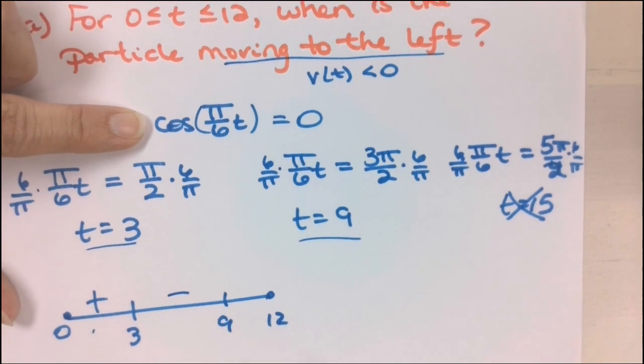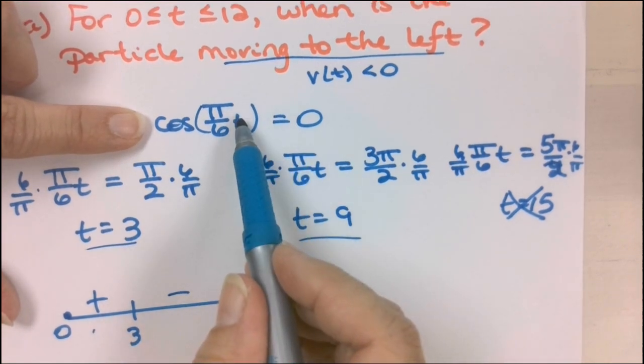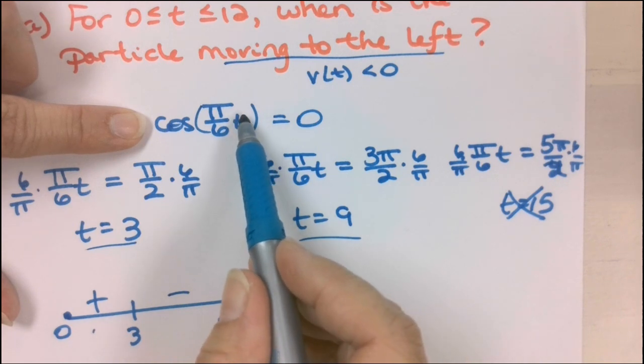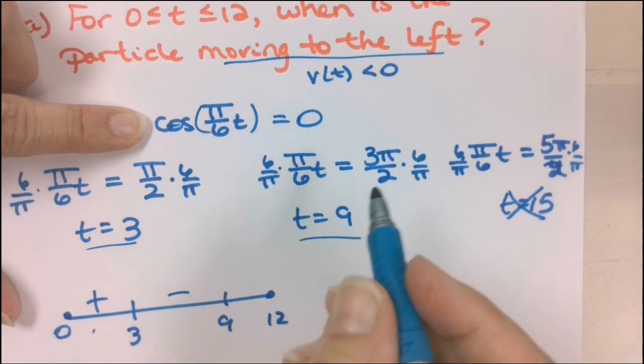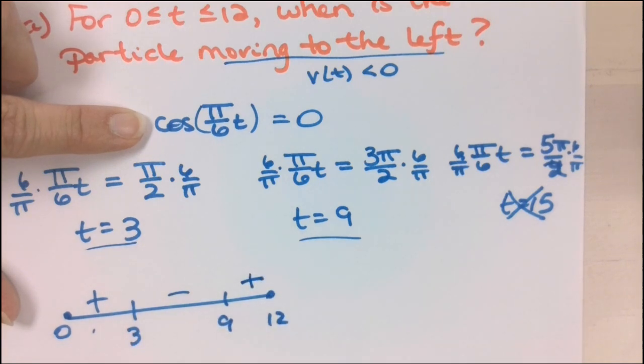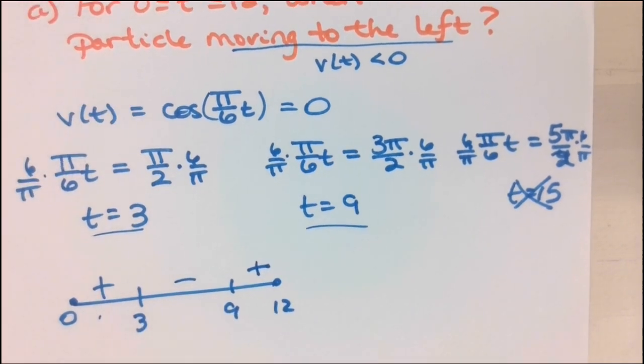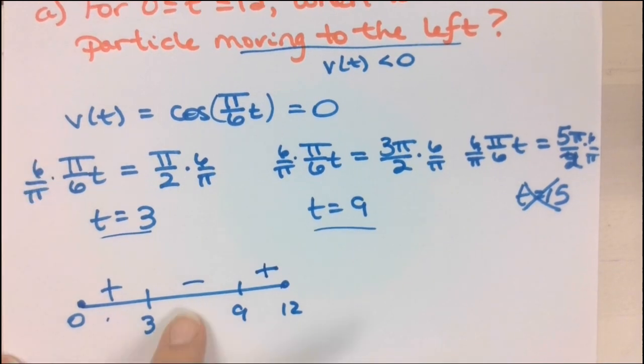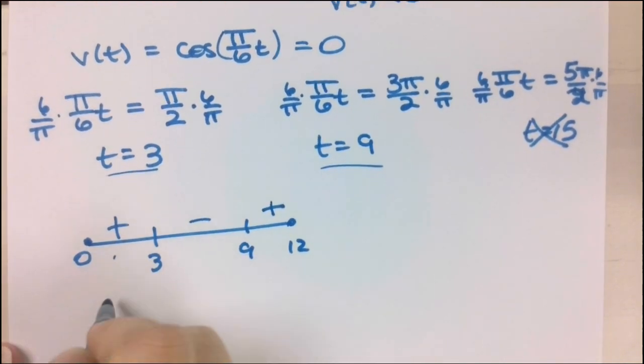And between 9 and 12, there's not a super convenient one. We could pick 10, which would be 5/3 pi, and that would be positive. 5/3 pi is in quadrant 4, where cosine is positive again. And so the only time this particle is moving to the left is when it's negative, which is between 3 and 9.